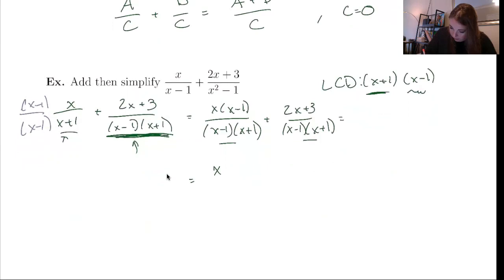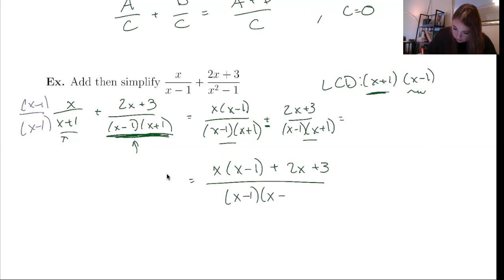So I'm going to have x times x minus 1, plus 2x plus 3. If this was a subtraction sign, it would be like minus this in parentheses, like that. Oh, I think I have an example afterwards. All right, and then my denominator is this guy, x minus 1, x plus 1.